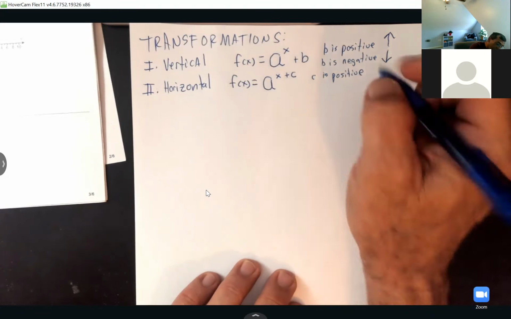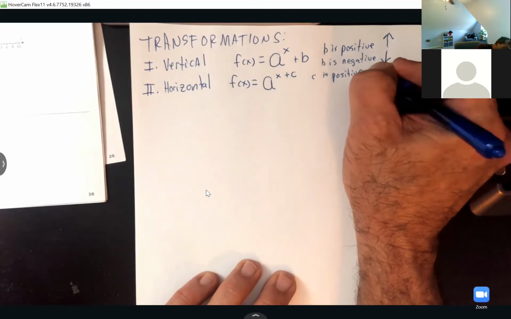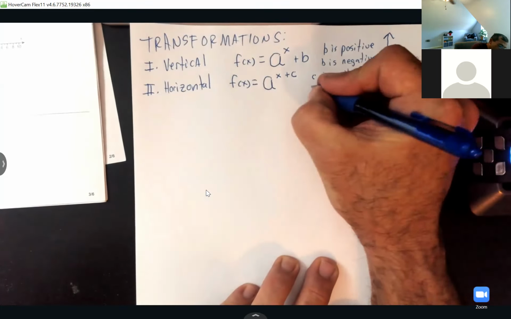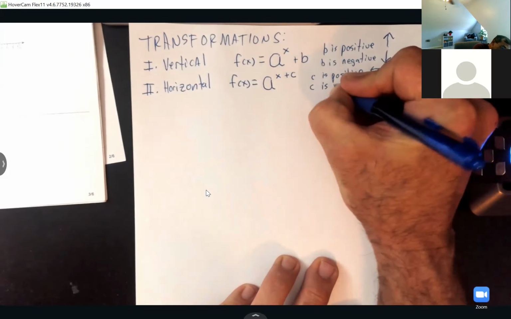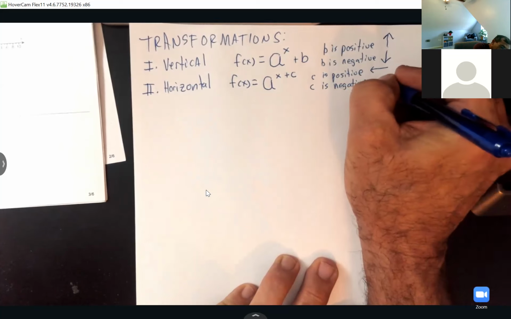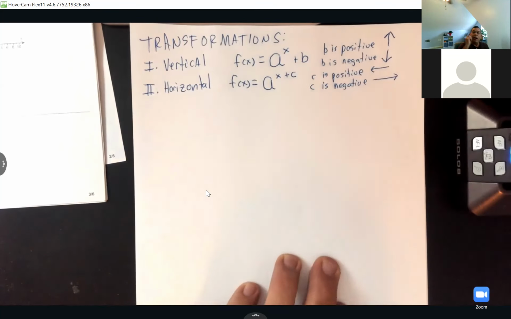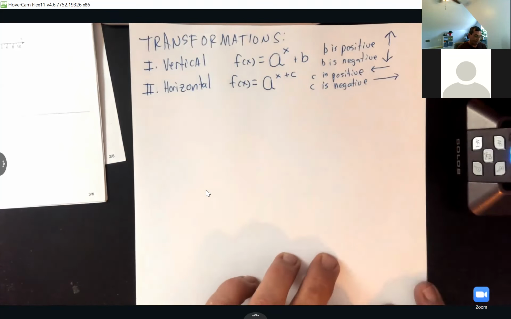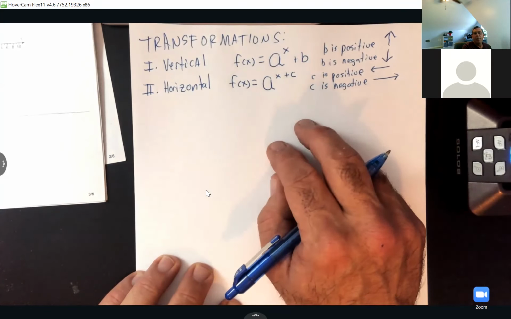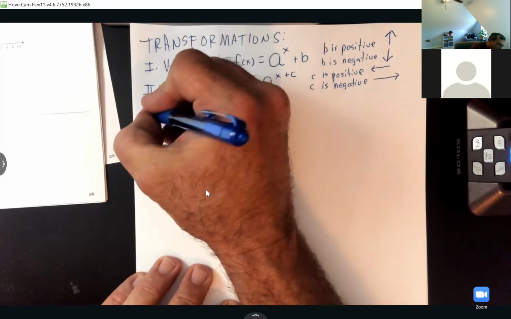If that c is positive, this graph is going to move to the left. And if the c is negative, that graph will move to the right. So very similar to chapter 7.